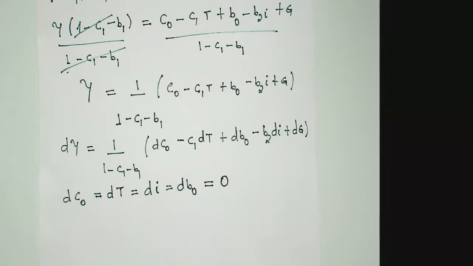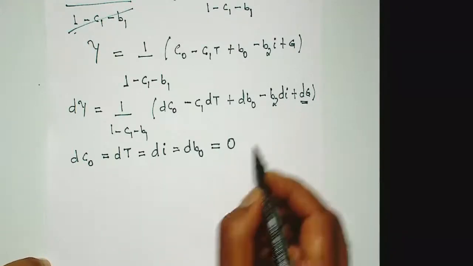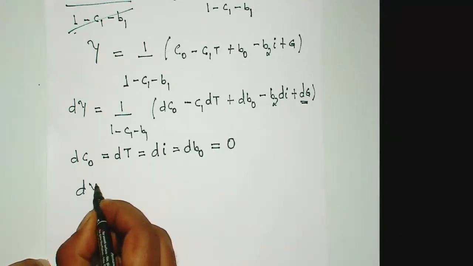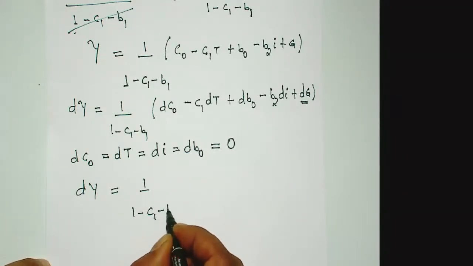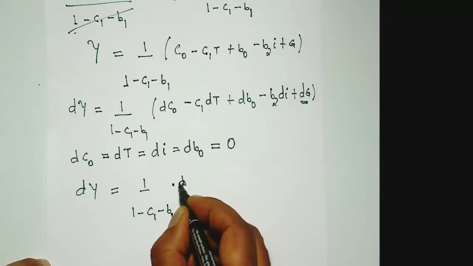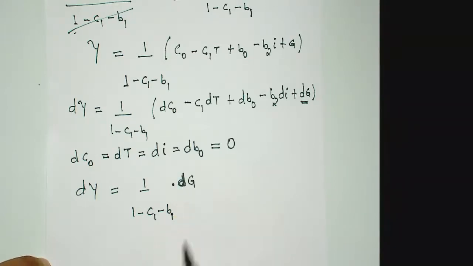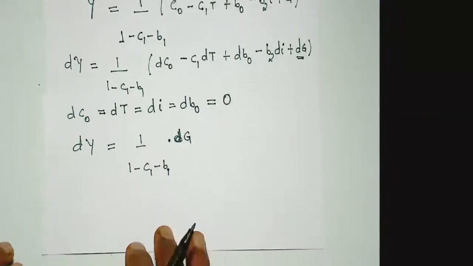All are going to be equal to 0 because none of them are said to change. They are actually constant. The only thing that is changing in our case is our government expenditure dG. So in our case, we would have dY equal to 1 over 1 minus C1 minus B1 multiplied by dG, which is the change in government expenditure.